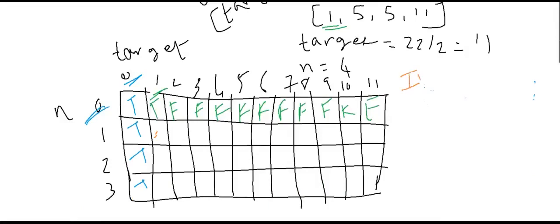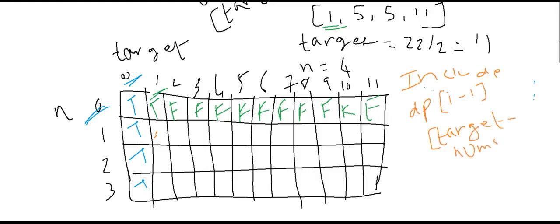For include, we need to call dp. Row will be I minus 1, that is our index. We need to decrement the index, and this will be target minus nums of I. Okay. So here, what is nums of 1? It's 5. What is our target? Our target is 1, right? So 1 minus 5 is minus 4, which is less than 0.